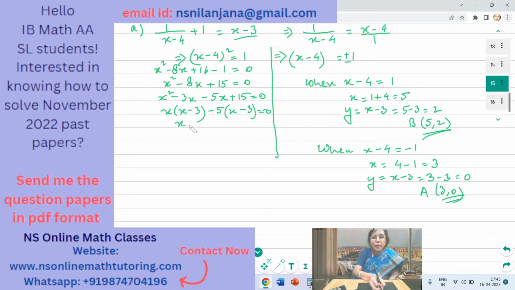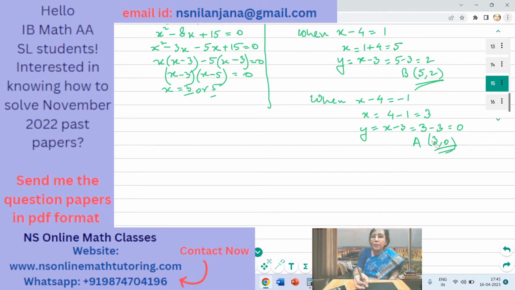So we will be having x minus 3, x minus 5 equal to 0. So x equal to 3 or 5. We are getting the same two values for x. You see, over here also we are having 3 or 5. Okay. So anyway, the B's coordinates will be 5, 2.